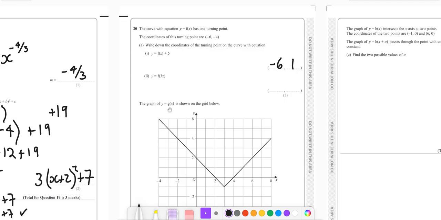F of 3x means it's going to be a stretch in the x direction, factor a third, so it's going to squash it in towards the y-axis. So this minus 6 is going to become minus 2, but it stays the same height, so it stays at minus 4.